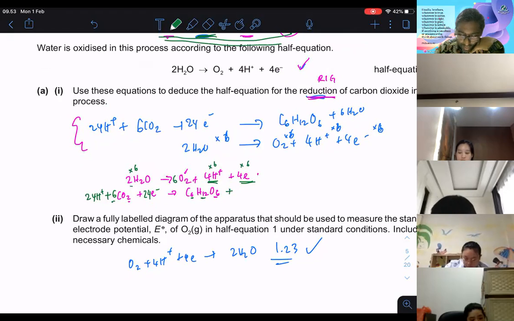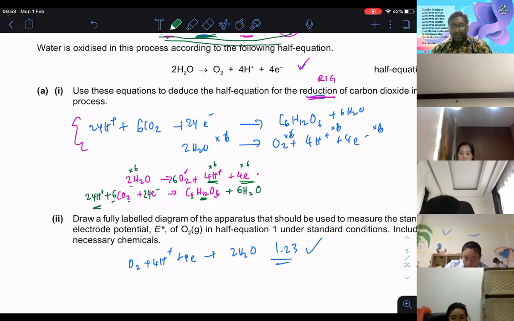Because 24 H plus, you only have 12 hydrogen. So here there will be water that is going to be formed. How many? I need to form water so that when I deduct from 12 H2O, I'm only going to have 6 H2O. So the best way is to put 6 H2O here.